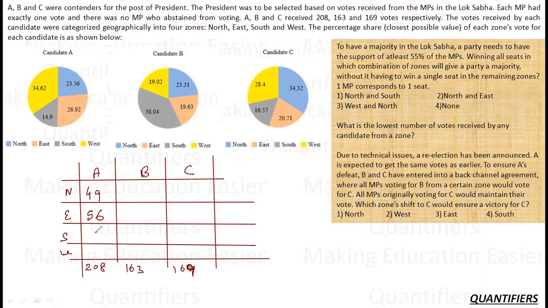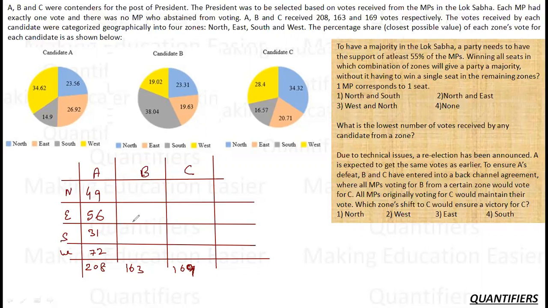Similarly, south will have approximately 34.62, that is 33.33 plus 1% more. So this will be somewhere around 71 or 72. Perfect. Let's talk about B.